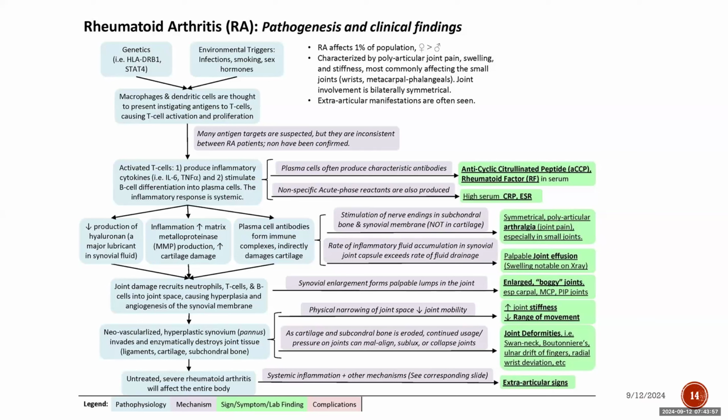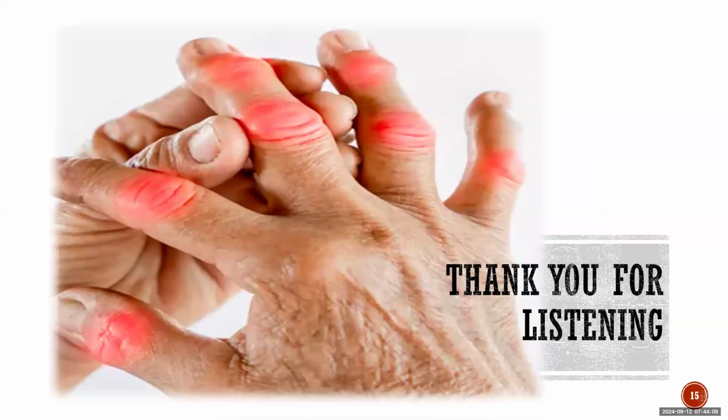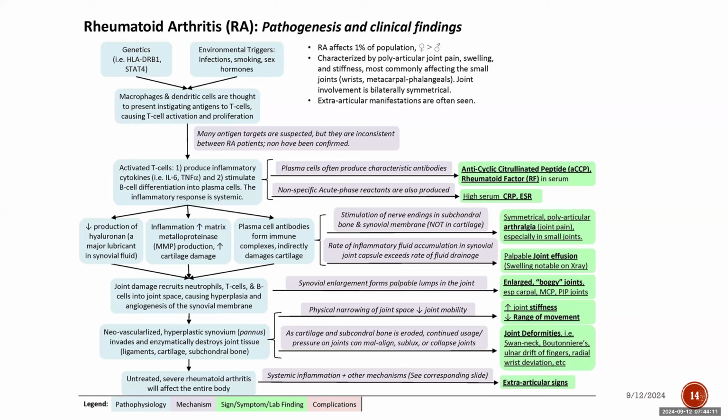And when all these deformities come in, we can now see some of the typical features: the swan neck, boutonniere, the ulnar deviation of the fingers or some of the joints. So if left untreated, the rheumatoid arthritis can affect the entire body and cause systemic inflammation, which could also cause all those extra-articular signs.